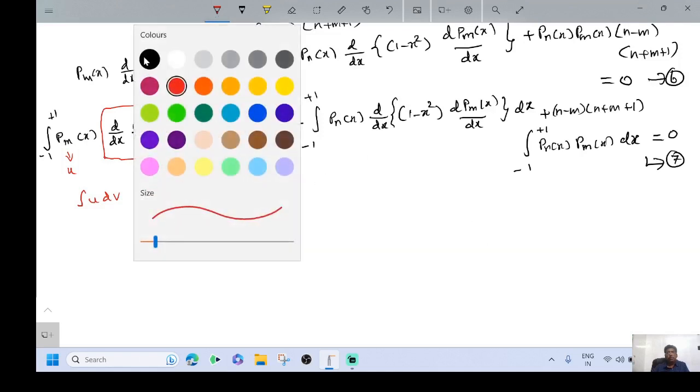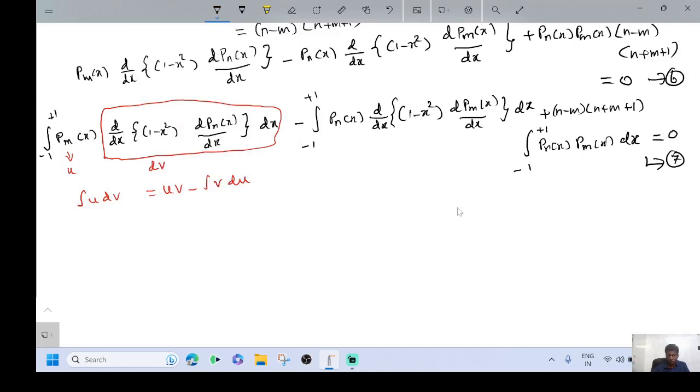Now we have to integrate the first integral. Consider the first integral, u dv. U is Pm of x. dv is this much. So uv, that is Pm of x.